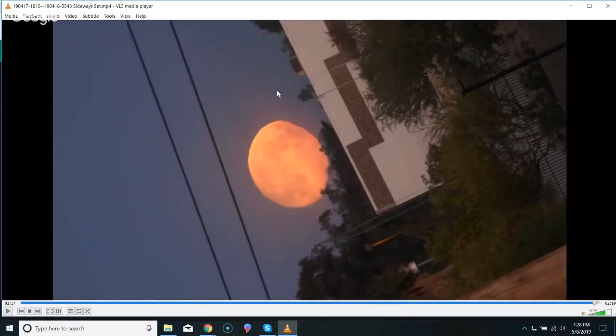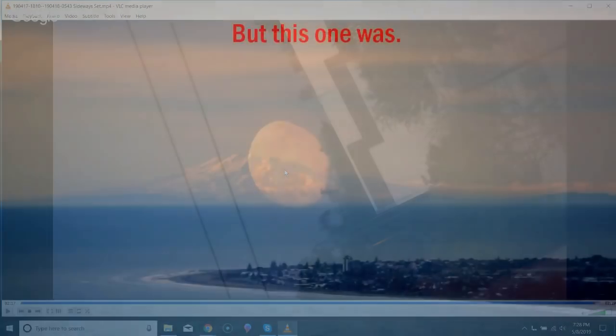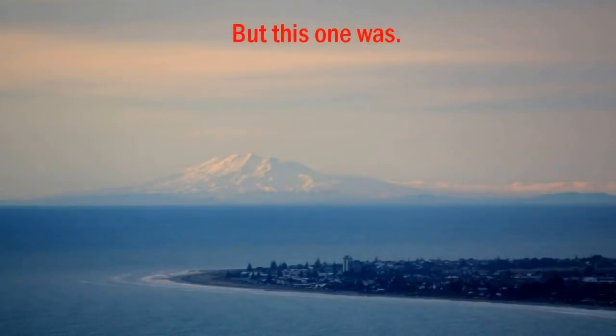So just a quick question. Since you know it happens with the sun and the moon due to refraction and hitting the thicker atmosphere, how about Mount Ruapehu? Well, the interesting thing about that is that we can also see the scenery below Mount Ruapehu.